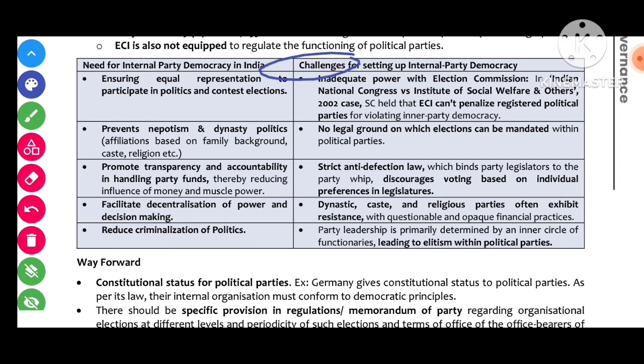And what are the challenges for setting up internal party democracy? Inadequate power with the Election Commission, no legal ground on which elections can be mandated within political parties, strict anti-defection law, and dynastic, caste and religious parties often exhibit resistance.